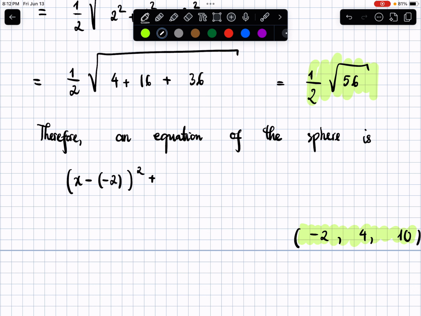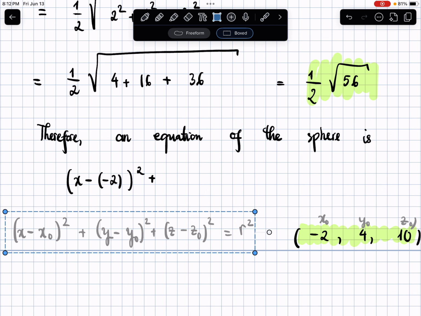Squared. So maybe I should recall the general formula. If I have x0, y0, z0 and r, we have x minus x0 squared, y minus y0 squared, z minus z0 squared equal to r squared. So this is a general formula.